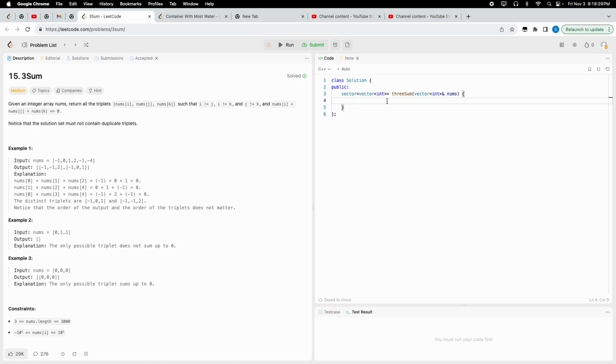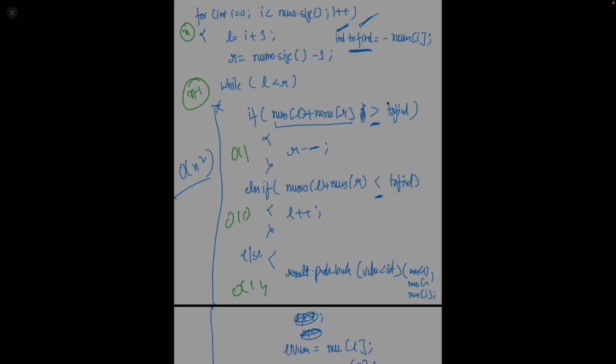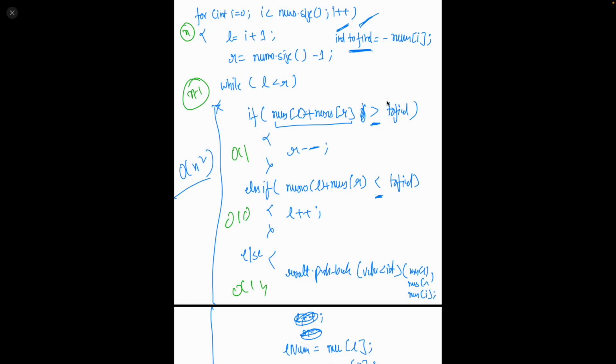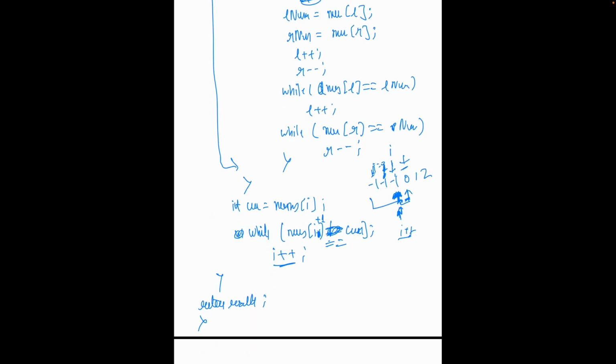Actually, let me share that first and show you what I did wrong. The one edge case we forgot here is we are checking nums[i+1], right? What if nums[i+1] doesn't exist? So this would be like while i+1 is less than nums.size() and this. That's the only condition we were missing.